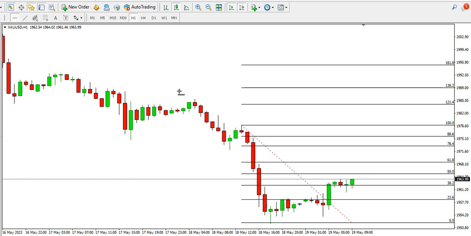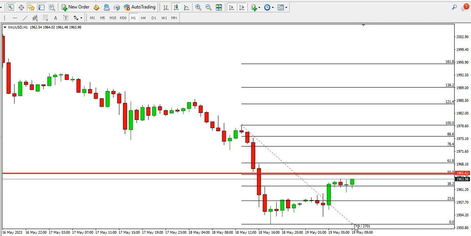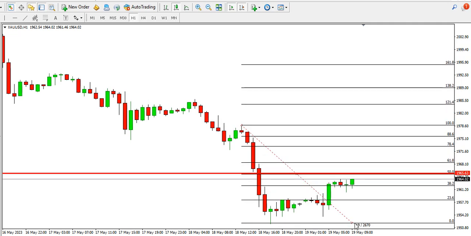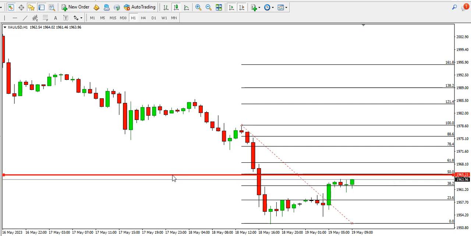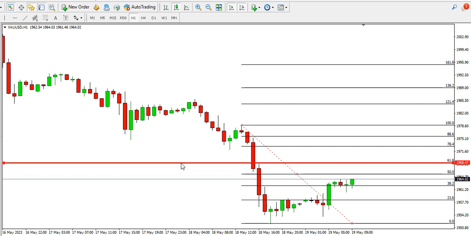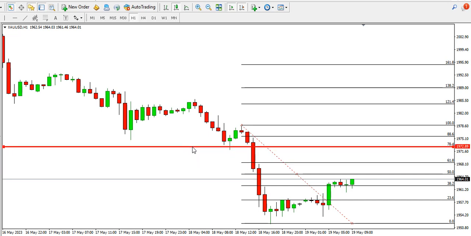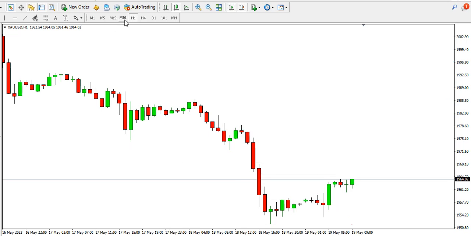Let's see where price could target. Price might target the 50%, which is 1965, or price could target 1968, or price could come as far as 1972 before price starts to drop. But for now, look for buying opportunities on gold.